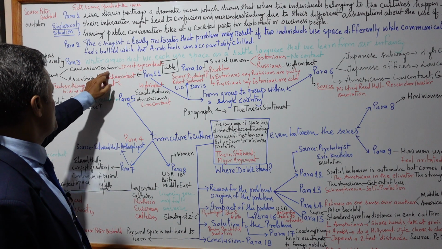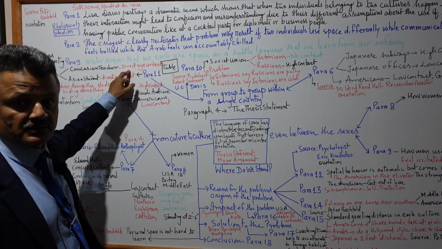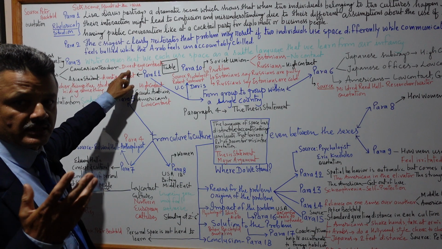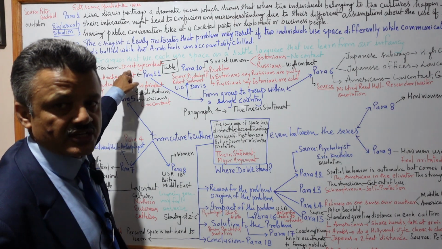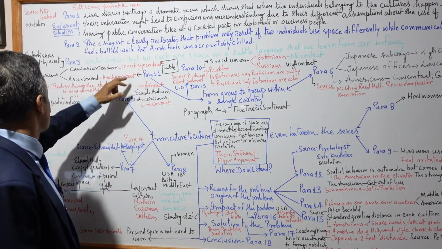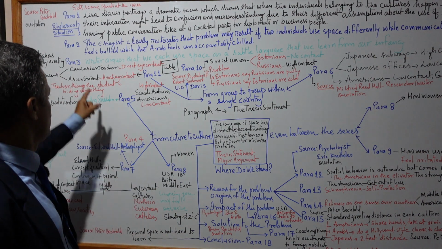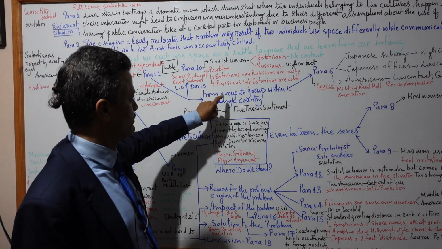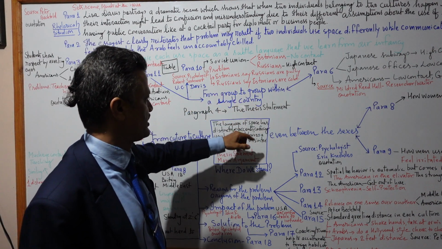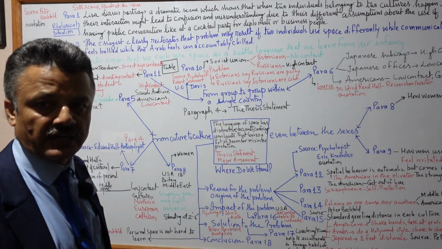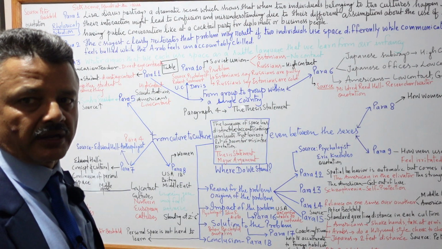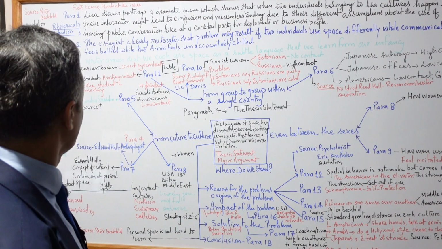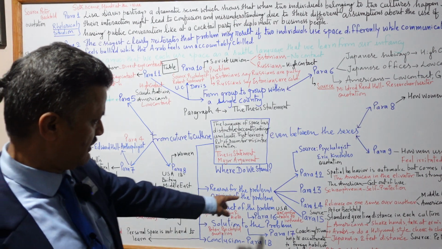But the Caucasian teacher, who thinks that direct eye contact is okay, mistakenly thinks that the Asian student might be hiding something from him. So it also proves the idea that from group to group within a single country, space use may differ, and it may bring misinterpretation. Then we move to paragraph 12.